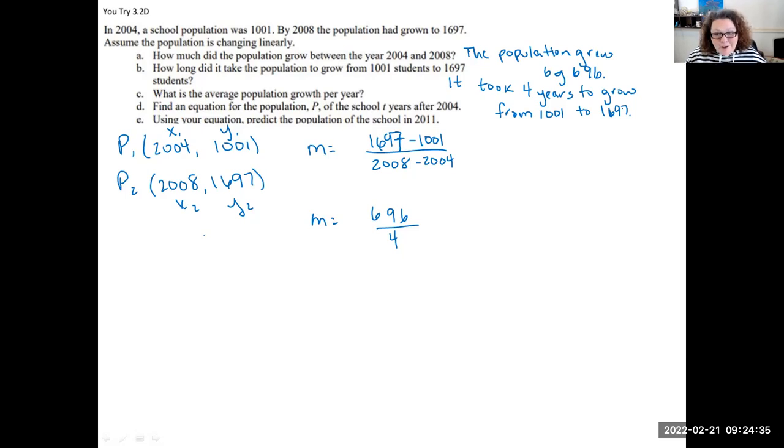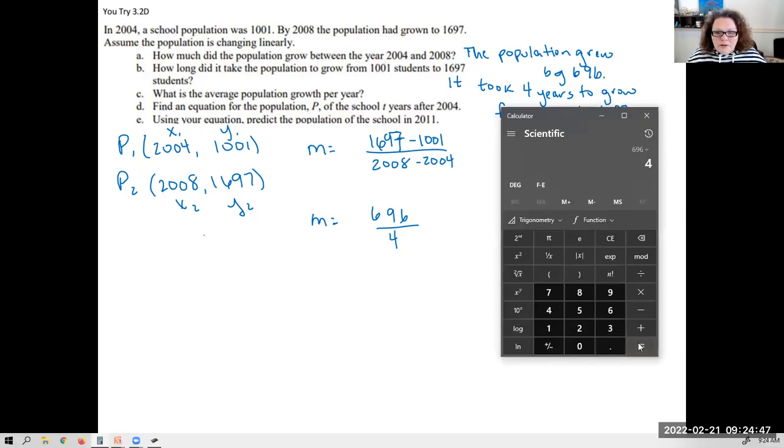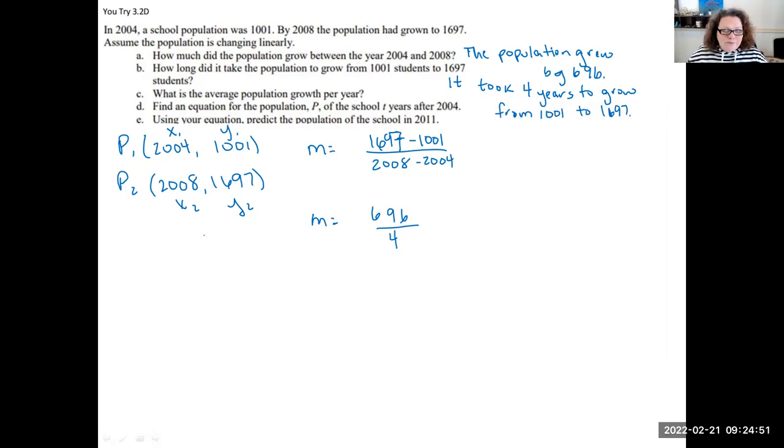That is actually calculating the rate of change. So the 696 divided by 4. And that's 174. So that's telling us that the population is increasing by 174 every year.